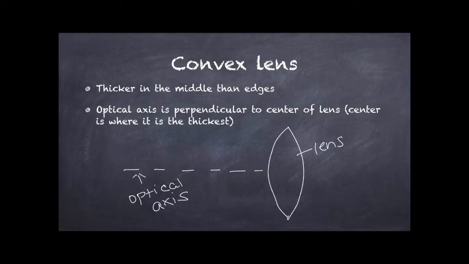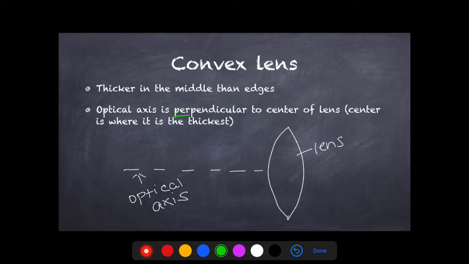Okay, so a convex lens is going to be thicker in the middle than around the edges, and it's also going to have an optical axis that's going to be perpendicular to the center of the lens, okay? And the center is where it's thickest. So here I have an example of my convex lens, and you can see that it is definitely thicker in the middle.